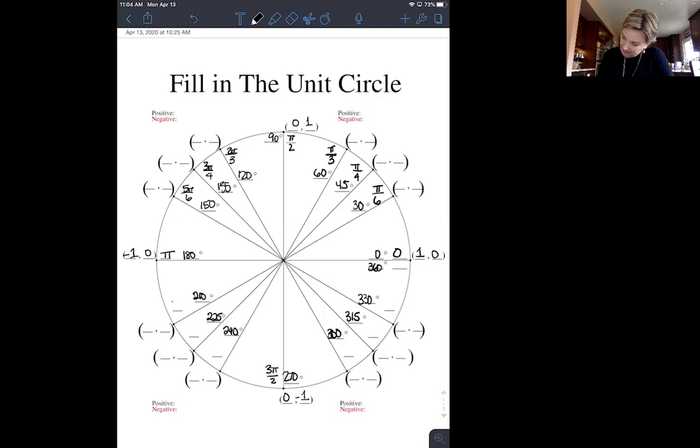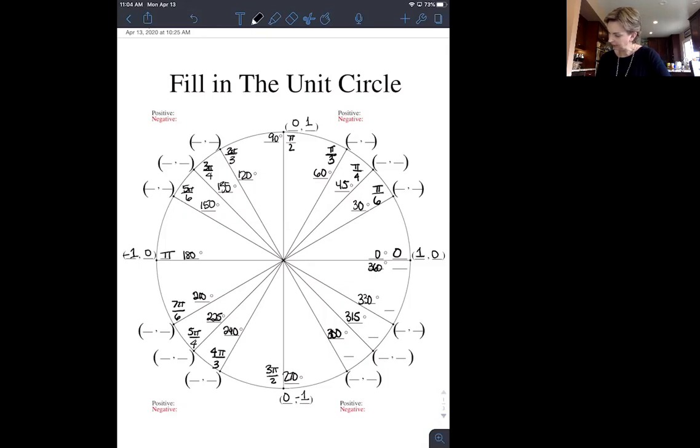So that ends up being 7 pi over 6. 225 degrees is 1 pi plus another 1/4 of a pi, which is 5 pi over 4. 240 degrees is 1 pi plus 60, right, which ends up being 4 pi over 3.